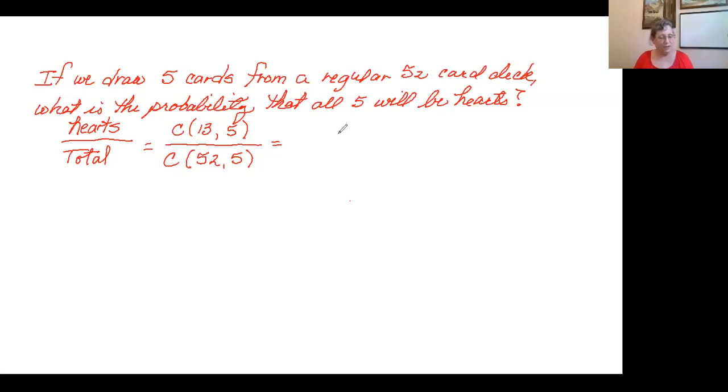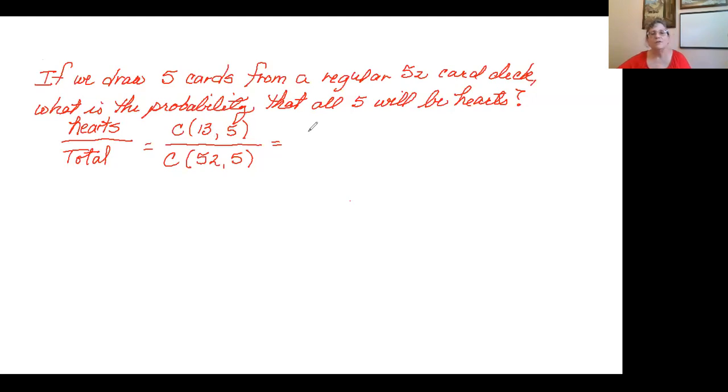This particular one, over the 8, has nCr, and over the 9 has nPr. That is just another notation for what we're doing here.